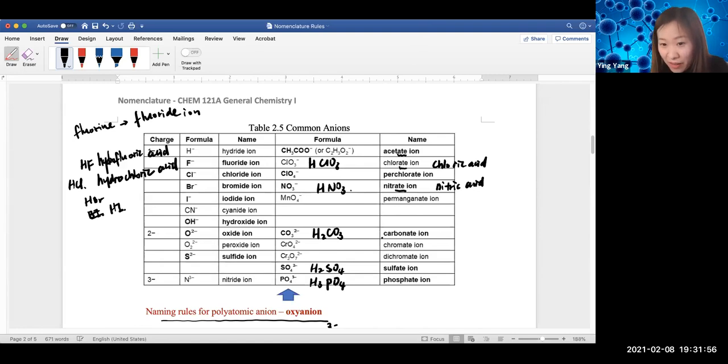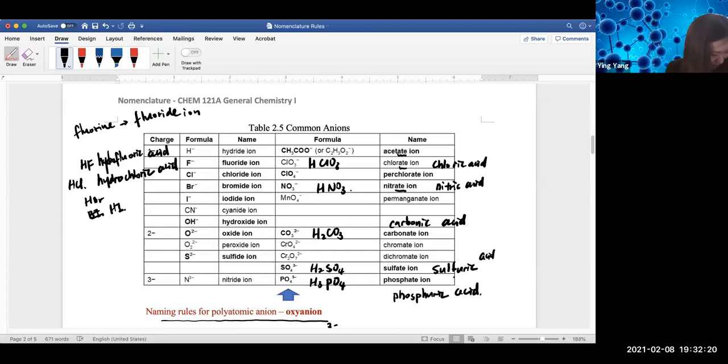And their corresponding names are carbonic acid, and here is sulfuric acid. And the last one is phosphoric acid, right?